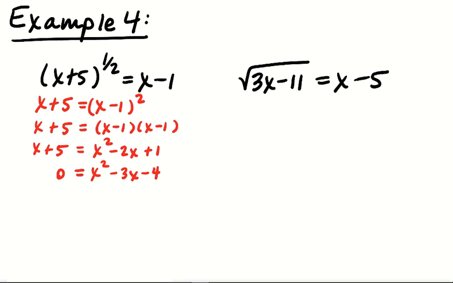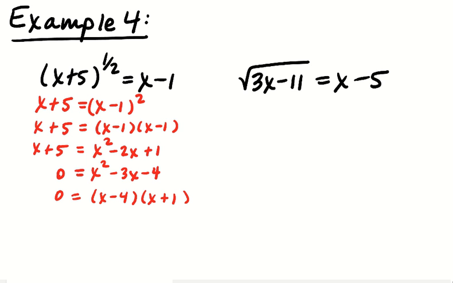This thing is factored. Right, this would lead us to believe that x was either equal to 4 or maybe it was equal to negative 1. But I know I need to check these answers, so I'll see what happens when we come back.